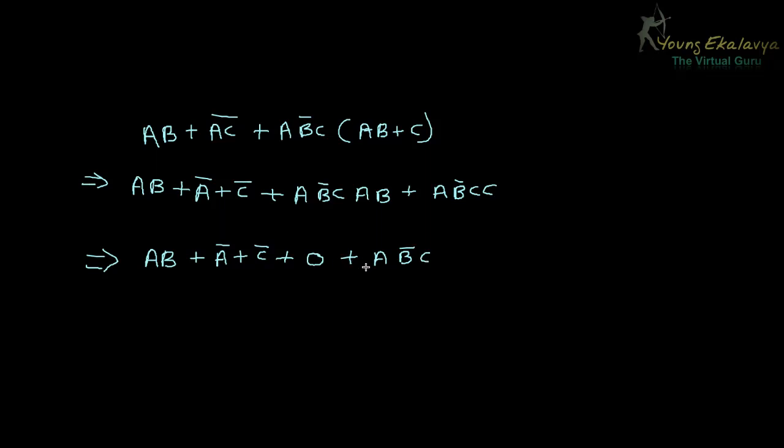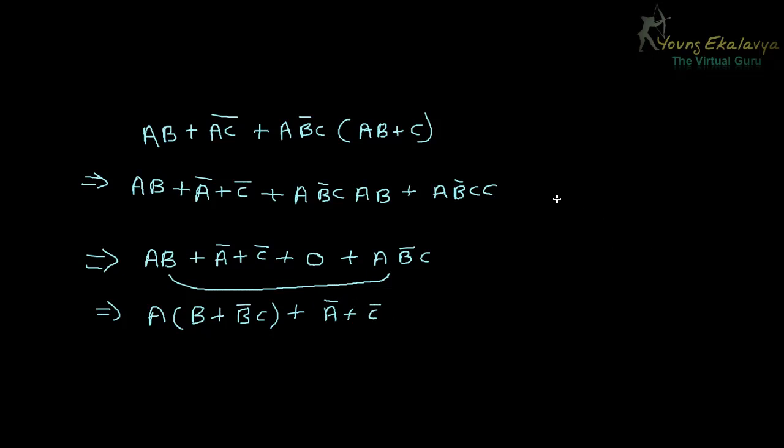And now what are we going to do? Here you take A as common in both of these. So we are going to take A as common. It gives B plus B bar C, plus A bar plus C bar.